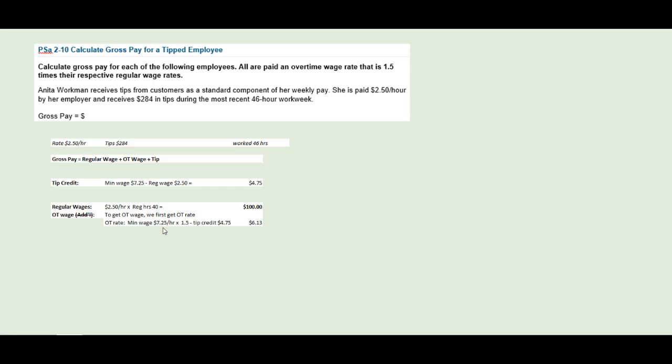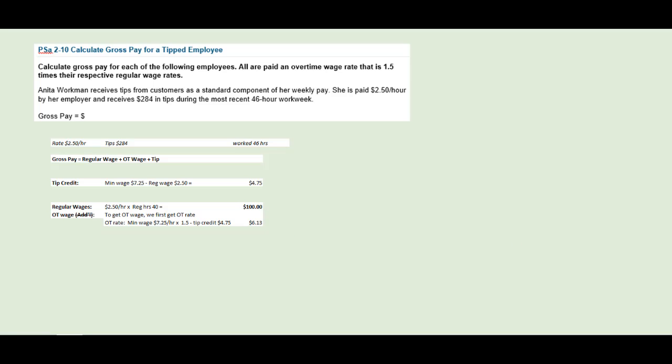The minimum wage is the standard, but if the employer is paying less than the minimum wage, then they are utilizing what's called the tip credit. And here the tip credit was calculated to be $4.75. So again, to calculate the overtime rate, you take the minimum wage rate, $7.25 times 1.5, then take out the tip credit, $4.75, and you get $6.13.